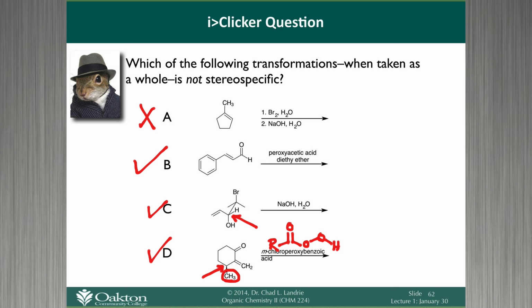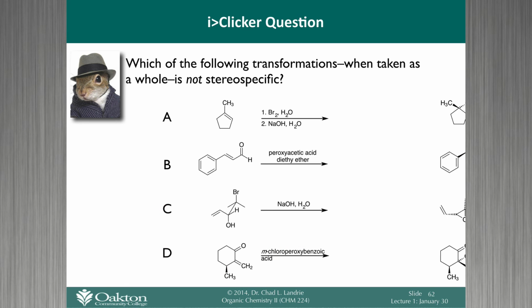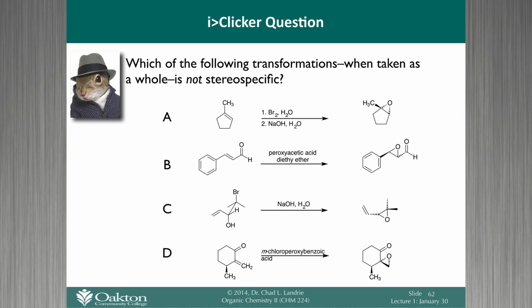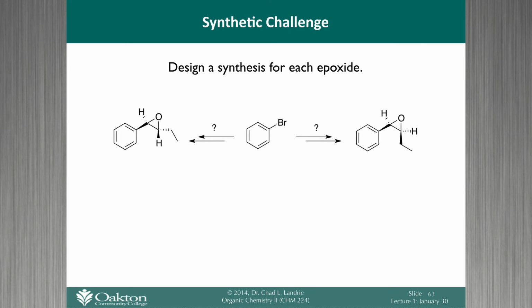Stereospecific. What you start with determines what you get. Or more, I should say, the stereoisomer you start with determines the stereoisomer that you get. Okay, so here are my products. Only the top one is not stereospecific.